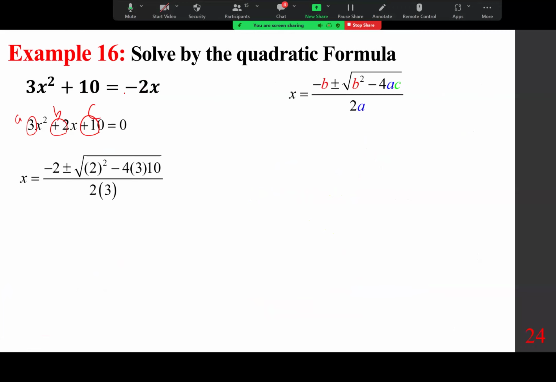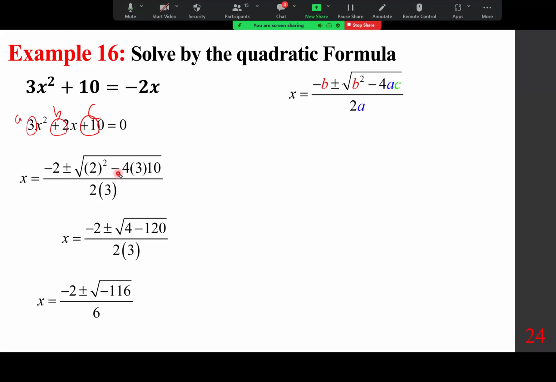And we do the math. This is 4. This is minus 120 because 4 times 3, 12 times 10 is 120. Negative sign makes it negative, and we have 4 minus 120 inside, which makes it negative 116.